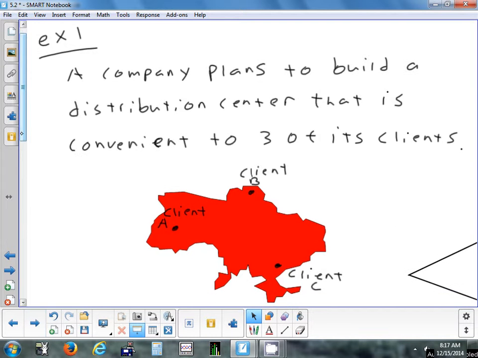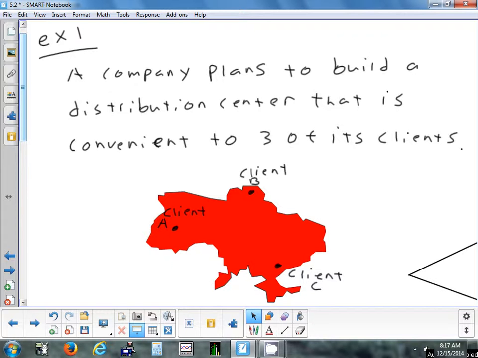Right. Let's see where that could be useful. It says a company is planning to build a distribution center, and they want the distribution center to be convenient to 3 of its clients. So maybe the clients have to go to this center, pick up the materials they need, and then bring it back to where they are.